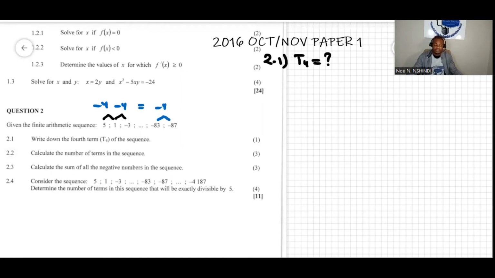Now we notice that we have a constant ratio. Excuse me, a constant difference. I meant when we have a constant difference, then we know this is an arithmetic sequence, or arithmetic progression.